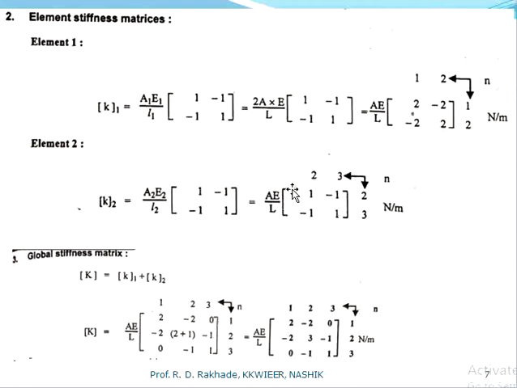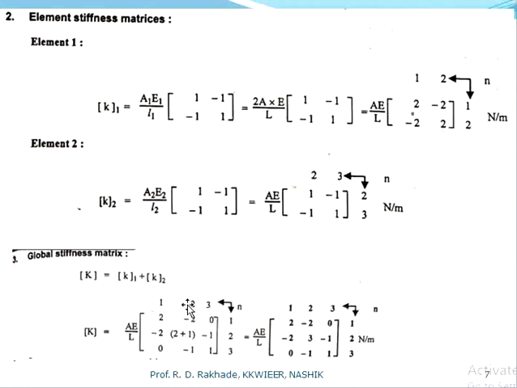There is no 2 1 value. Then 3 1, not from element 1. There is no 3 1. Similarly, put all values from element matrix 1 and element matrix 2 into the global stiffness matrix.